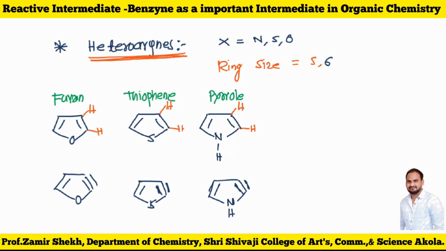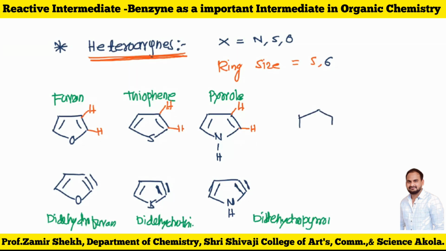Now the first molecule is called dehydrofuran, this is called dehydrothiophene, and the third molecule is called dehydropyrrole. Okay, so these are the five-member heteroarynes. Similarly, we have six-member ones. We have already discussed these two molecules, one derived from pyridine and the second one derived from indole.